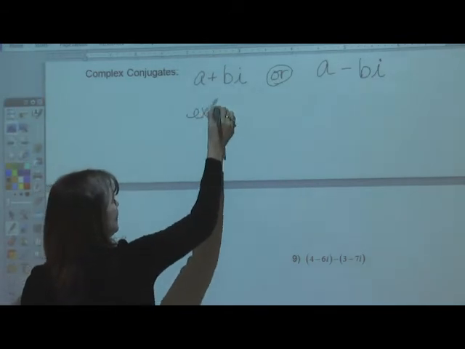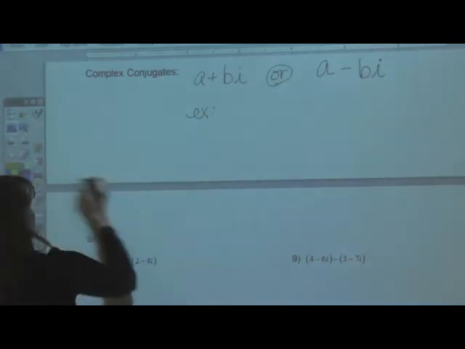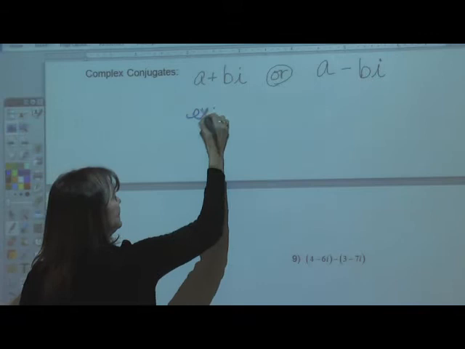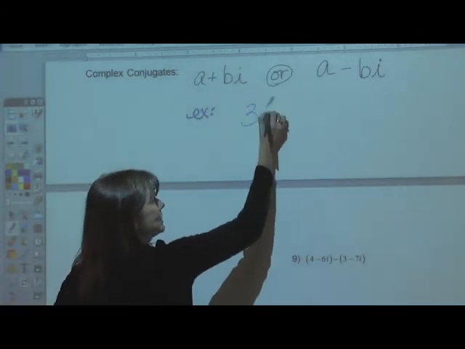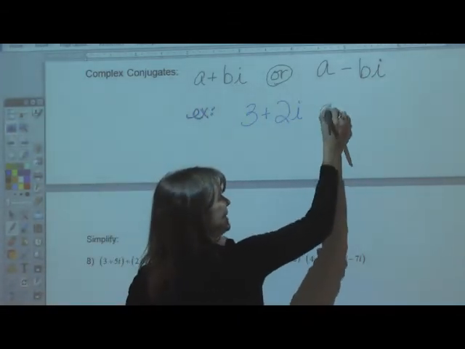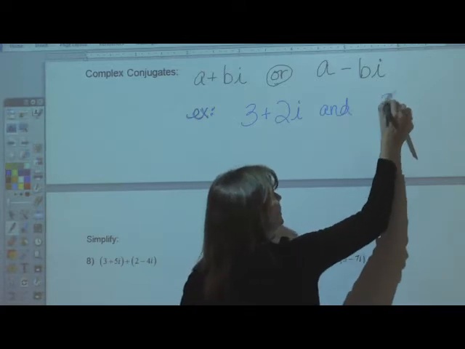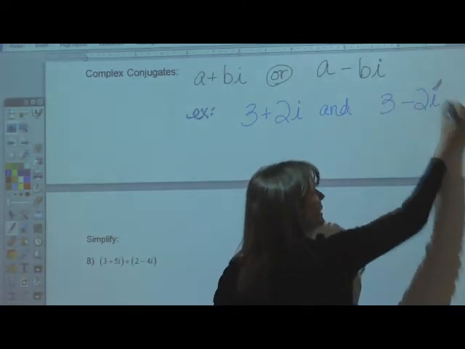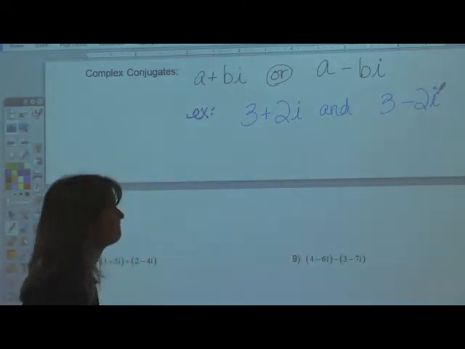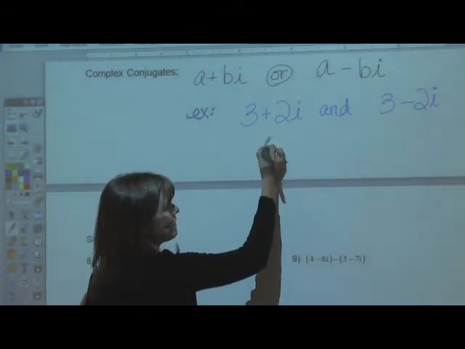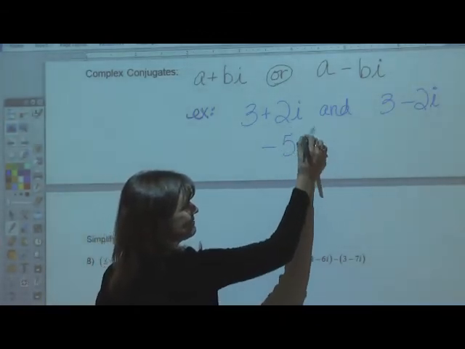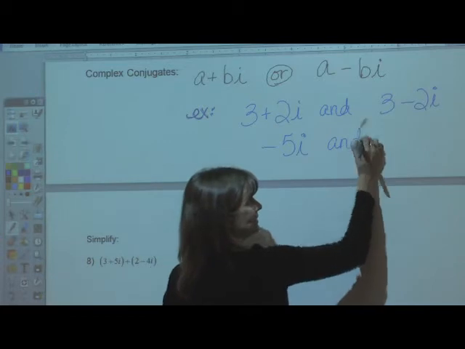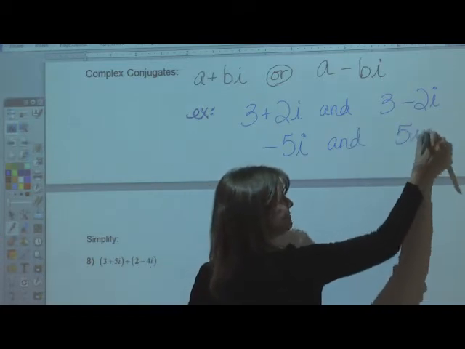An example of that would be 3 plus 2i and 3 minus 2i. Another example of that would be -5i and +5i.